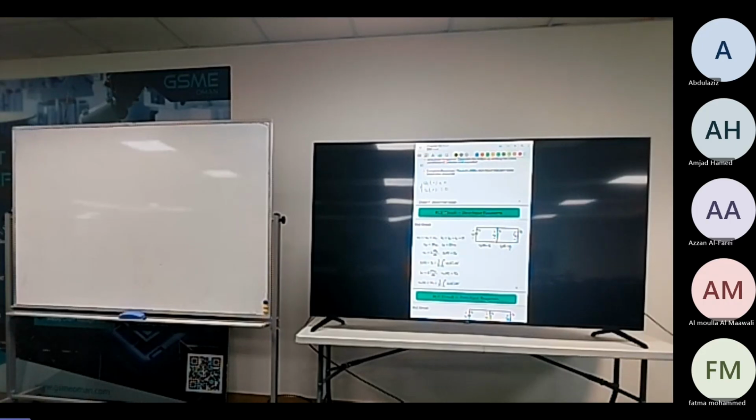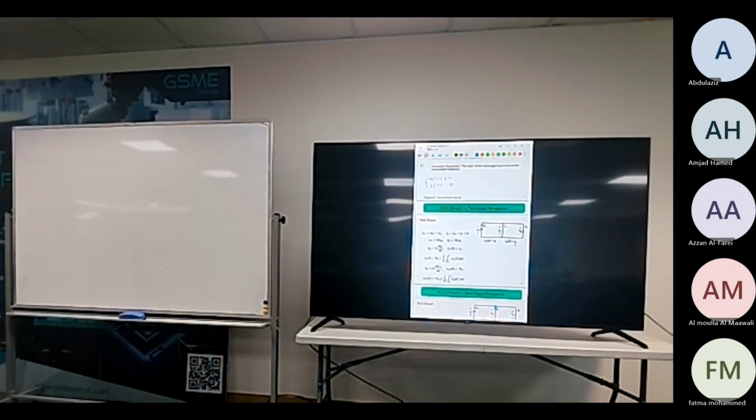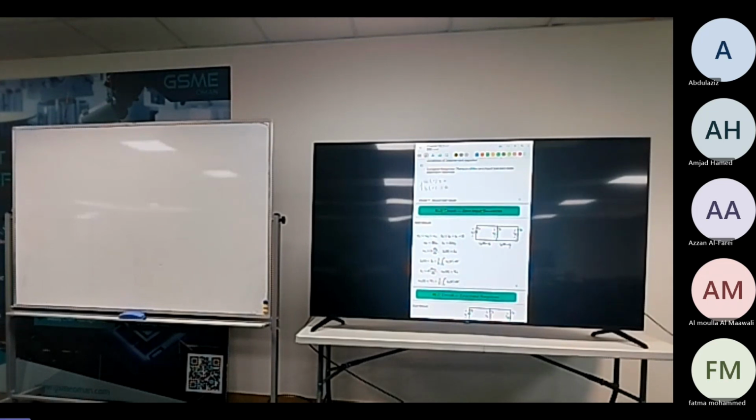Okay, let's see what the equation is going to be. If I write a KCL here, IC plus IL plus IR should be 0. If we write a KVL here, minus VC plus VL should be 0, which means VC should be equal to VL.